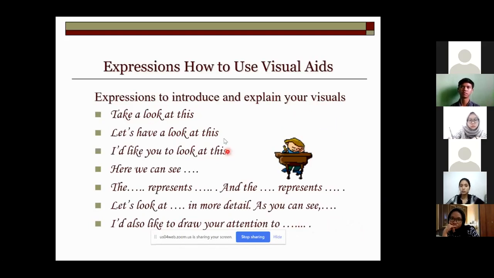So these kinds of expressions introduce and explain your visuals, and you ask your audience to follow your instruction by looking at something, perhaps a picture, diagram, or statistics scale and so on.